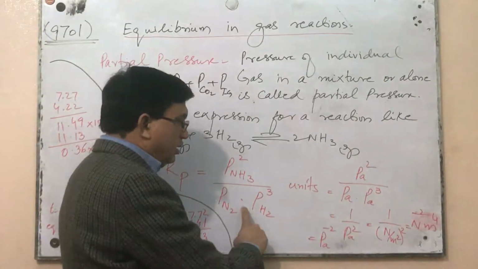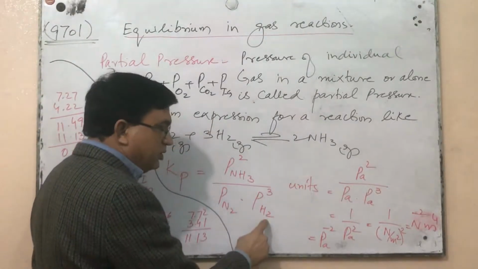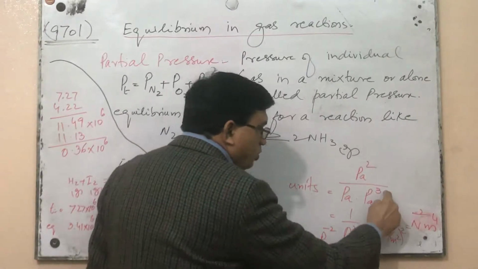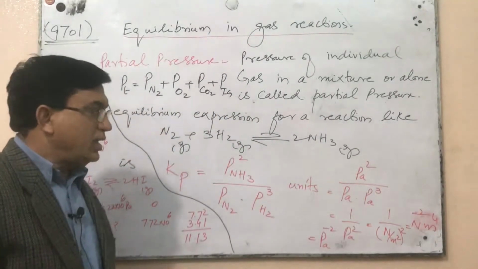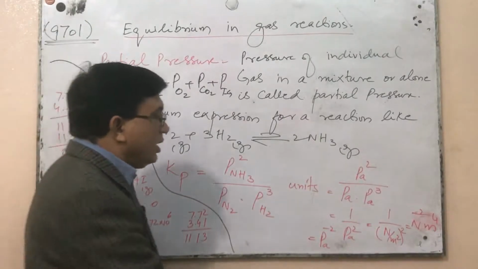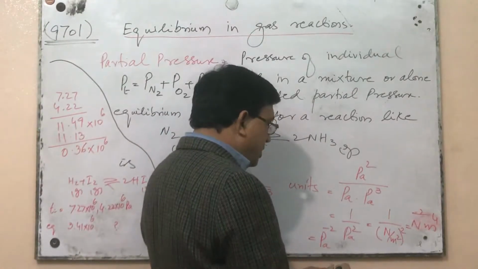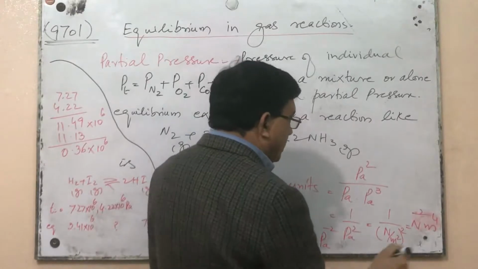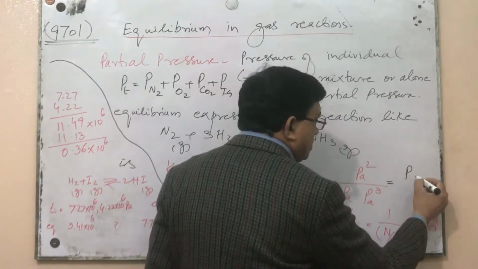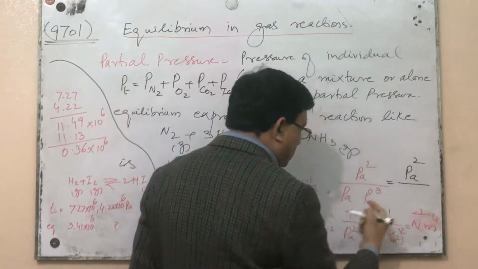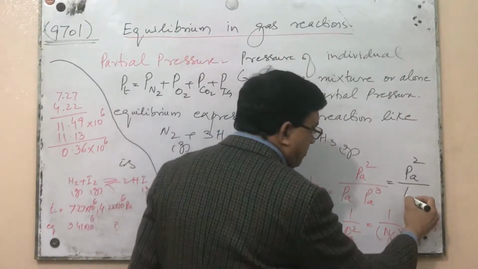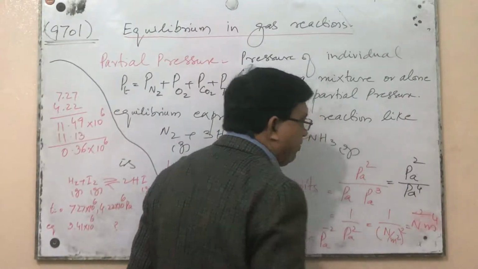Similarly, for the partial pressure of hydrogen, Pascal cubed will be taken because it has a power of 3. Collectively, this can be written as Pascal squared divided by Pascal raised to power 4.